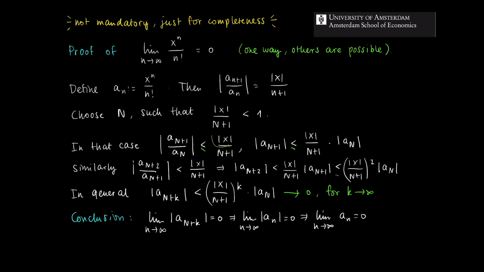And this means that the limit for n to infinity of a_n is 0. So we've now shown that the limit for n to infinity of x to the power n divided by n factorial is 0. Okay, that's it. That's the whole proof.